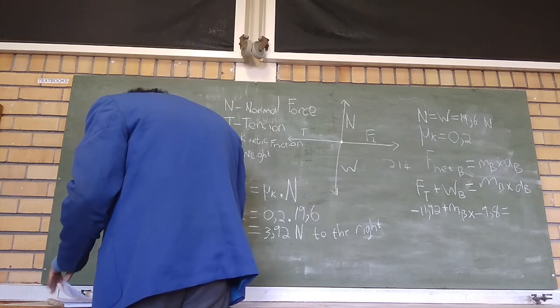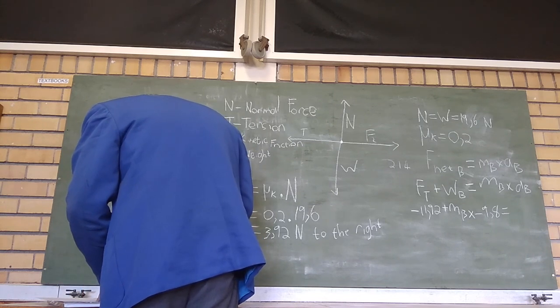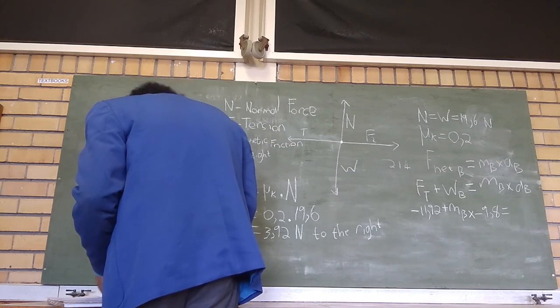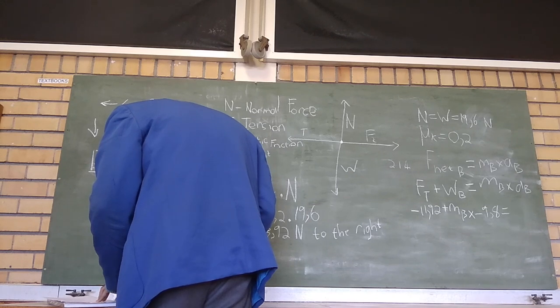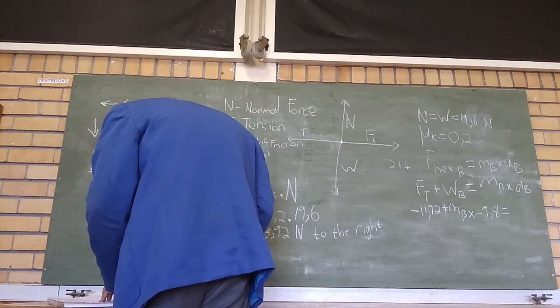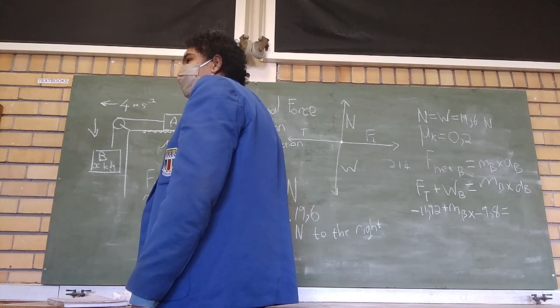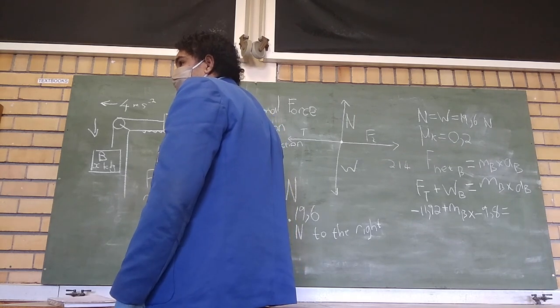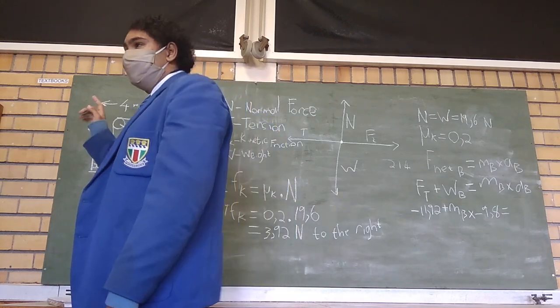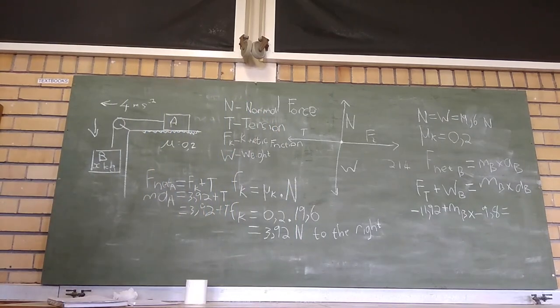And guys, when you see a problem like this, what's the first thing you're going to do in your mind? You're going to go, okay, choose the direction. First of all, in your mind, do this. Don't do it in the exam. And then which direction is going to be positive?